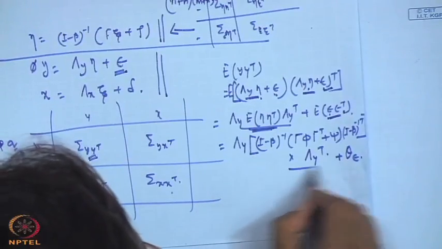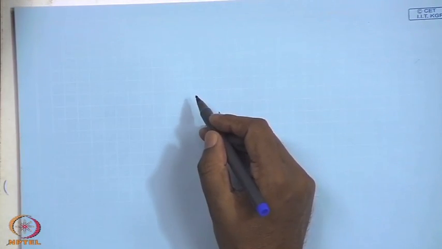So, you have to find out this matrix for every block like this, and your big matrix will be there.